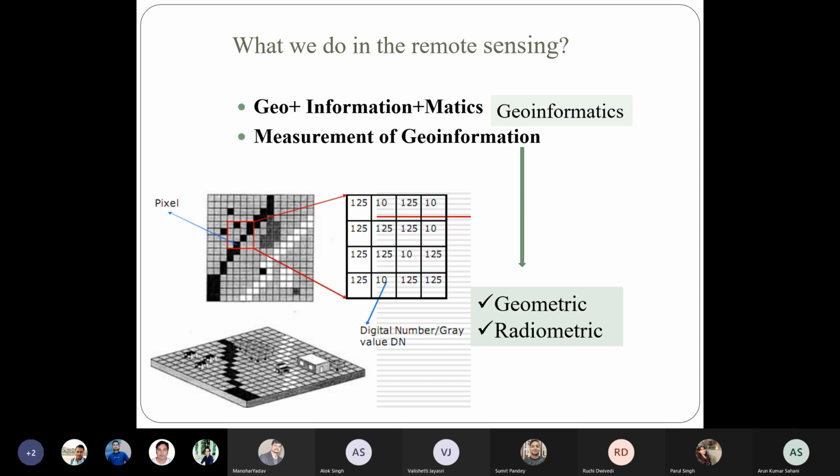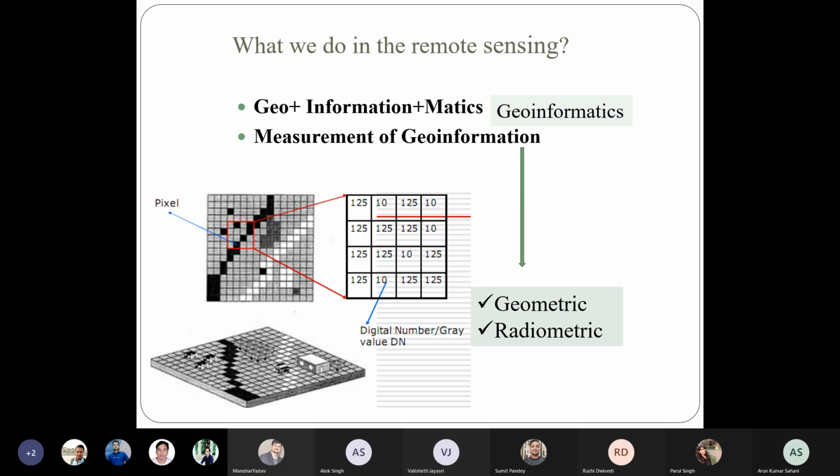See, by using a remote sensing system, consider, for example, a camera. When you click the image and visualize it on your computer screen or on your mobile phone, just start zooming it. At a certain level, you can see the pixelated image. The meaning of a pixelated image is that you can see square blocks painted with different colors.